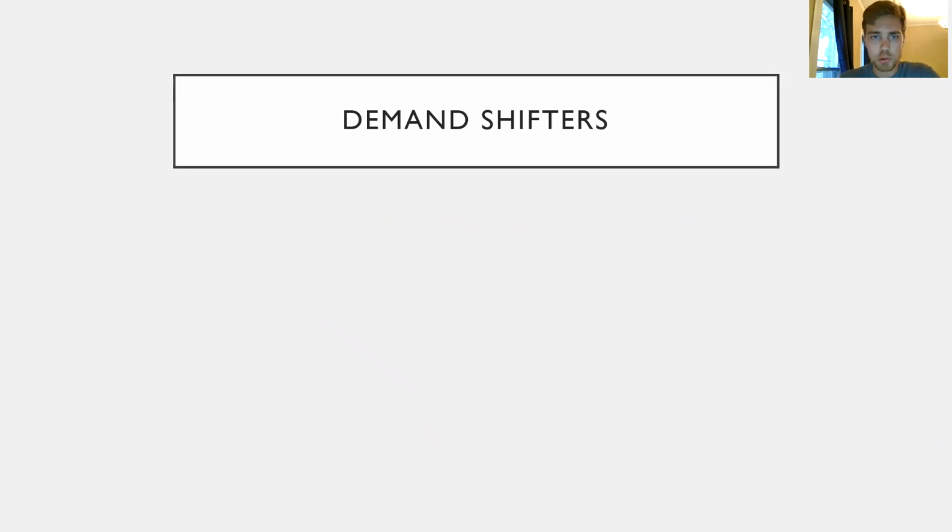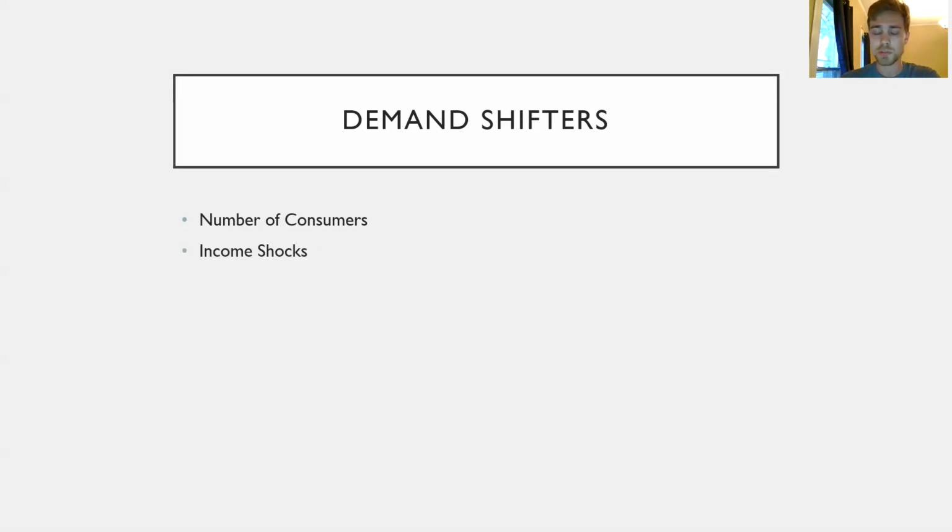So demand can move in a bunch of different ways. We're talking about shifters here. In this case, a change in price will be a movement along the demand curve. So that's not a shift in demand. That's not a change in demand. It's a change in quantity demanded. But here are some of the demand shifters that we're going to talk about in this course. So the number of consumers. If a bunch of consumers enter a market, that's going to increase demand.